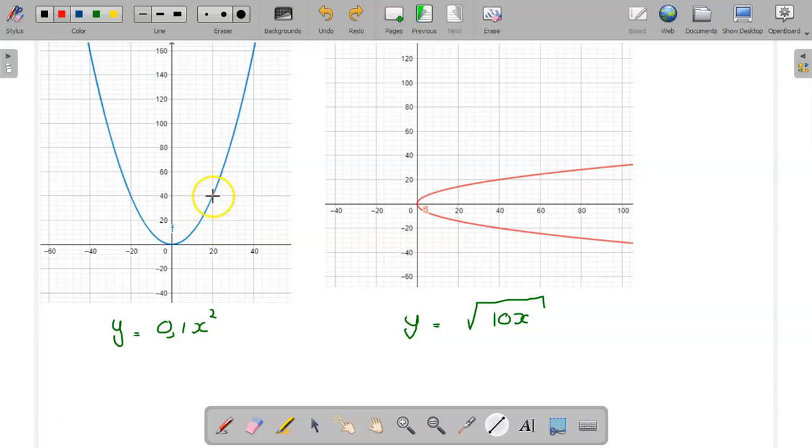If I drew a vertical line like so, where it cuts the y, it only cuts the y value once, right?